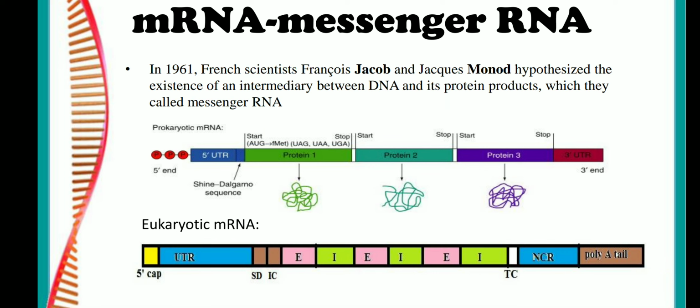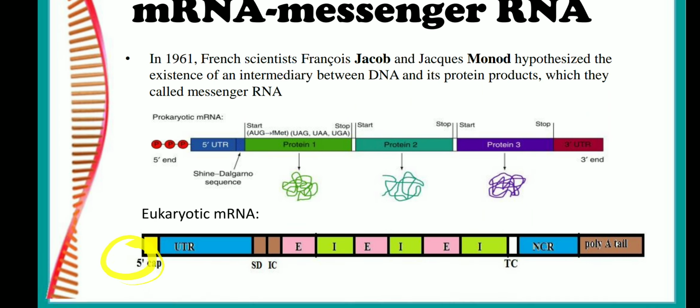Now, what is the function of this 5' cap and poly A tail? The 5' cap and poly A tail help in the protection of mRNA. When the mRNA is synthesized in the nucleus and comes to the cytoplasm, there will be enzymes like nucleases. These enzymes should not cleave the mRNA. Even if they try to cleave the mRNA, the methylated cap will help it identify that it is from the same cell.